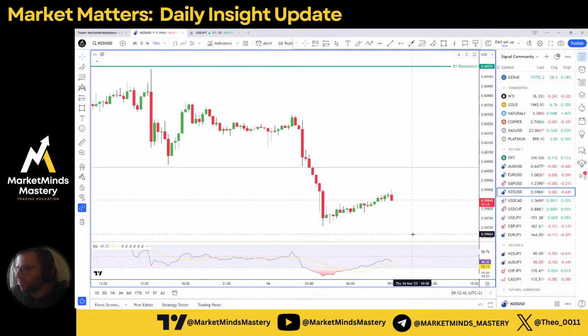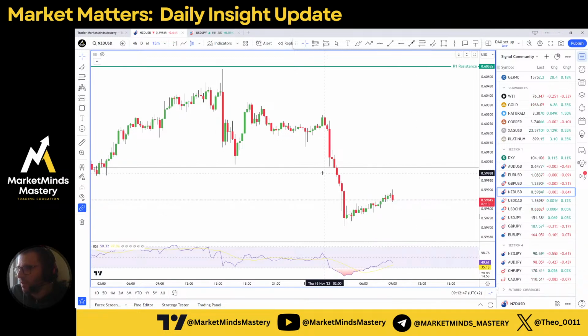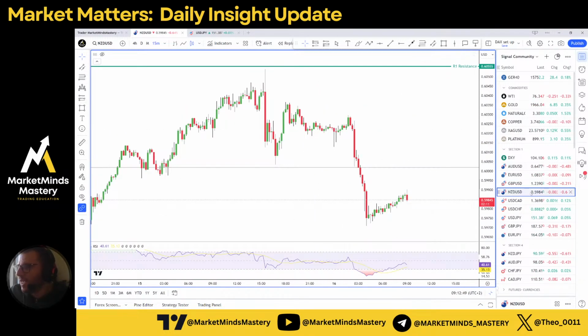So on the lower time frame, again, pretty bearish on this one. But you guys need to understand that there is similar behavior most of the time, not all the time, between the Kiwi and the Australian dollar.